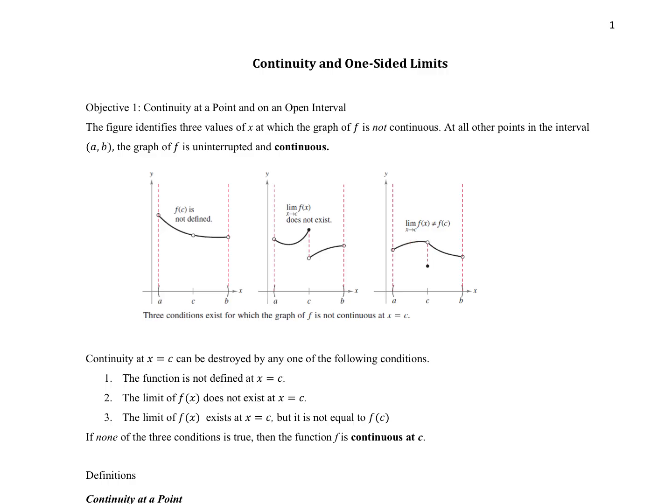So actually, the continuity at x equals C can be destroyed by any one of these three situations. And it's summarized here. The first scenario is the function is not defined at this point C, which is demonstrated in the first graph. The second type is the limit of f of x does not exist at x equals C, which is shown here.